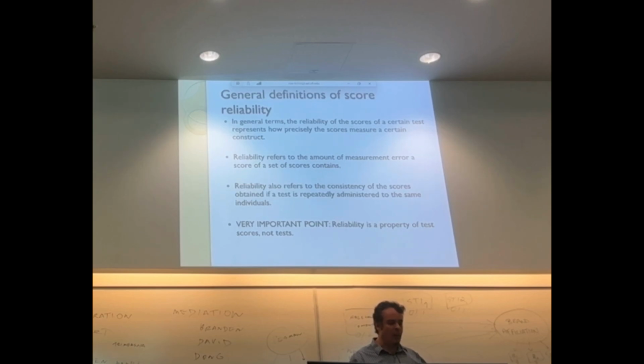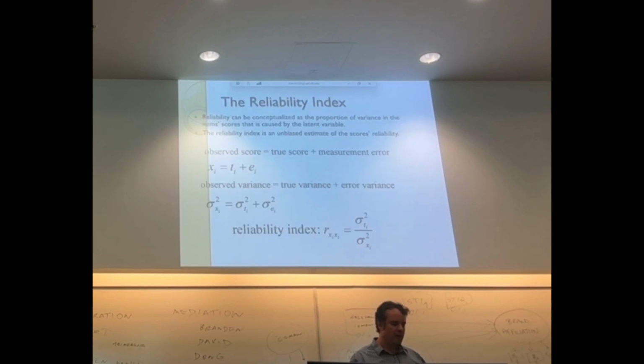So reliability refers to how much measurement error the scores contain, right? The conceptual theory is that an observed score is equal to the true score, which would be caused by the latent variable, plus random measurement error. That's exactly what confirmatory factor analysis does, right?